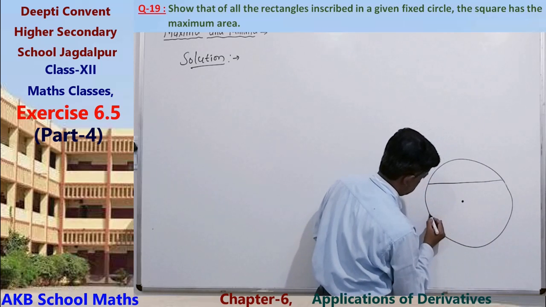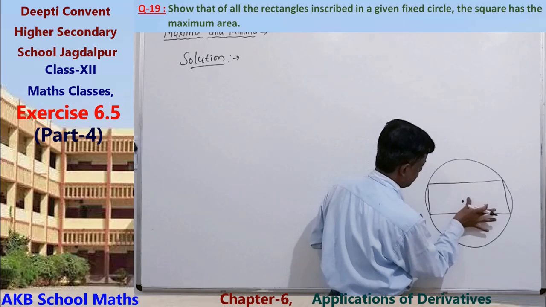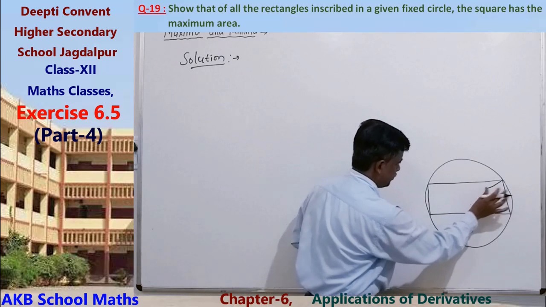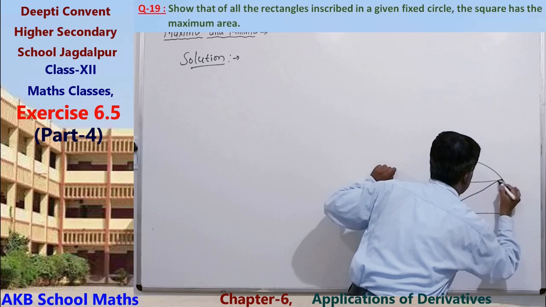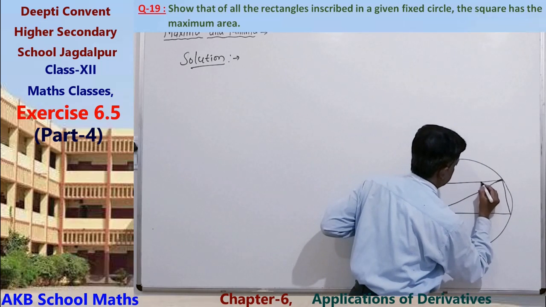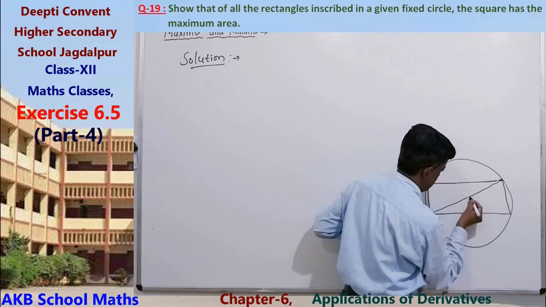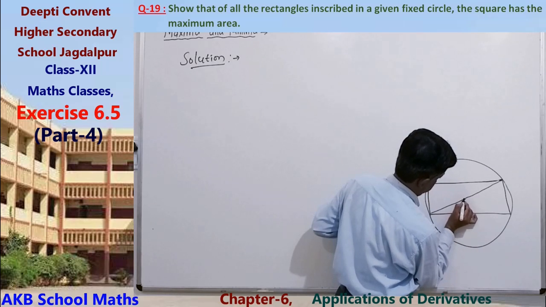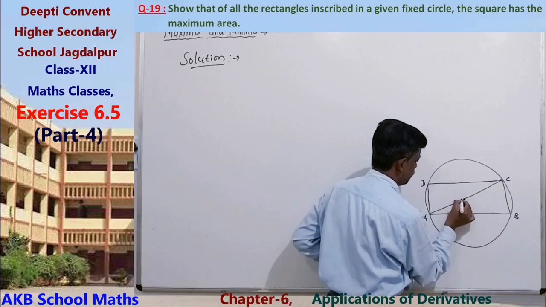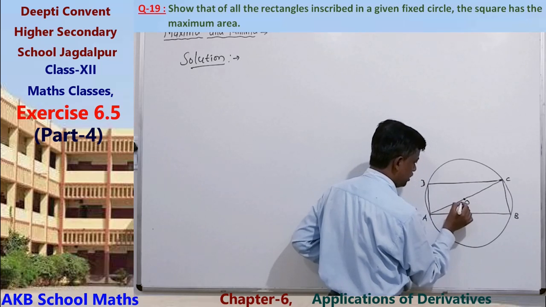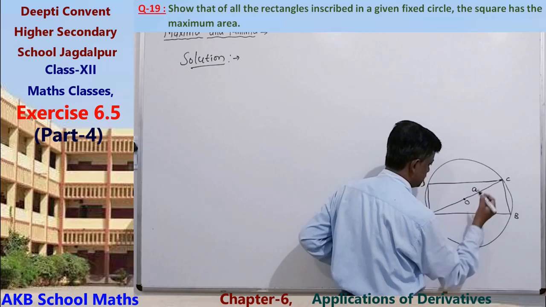First of all, we draw the diagram for the rectangle, and this is the diagonal. A, B, C, D. O is the center of the circle. R is the radius.